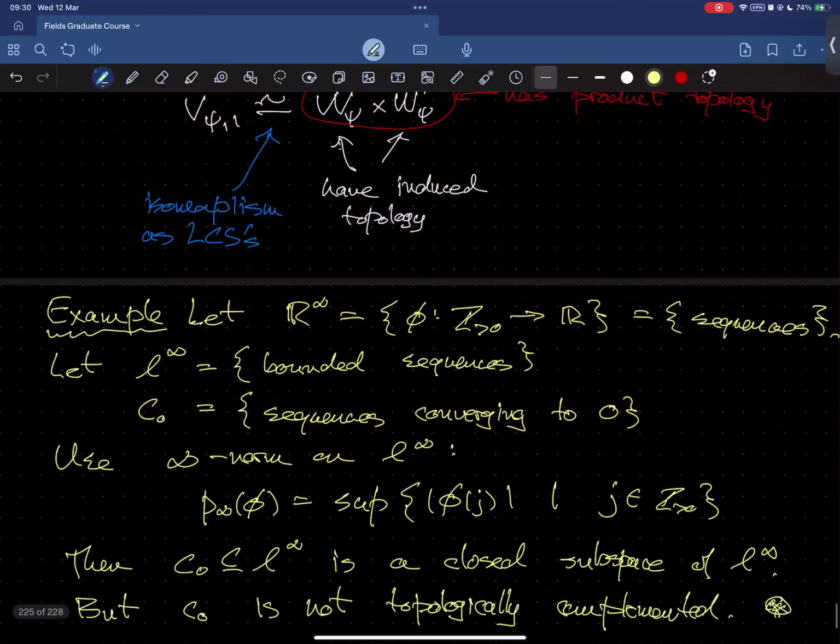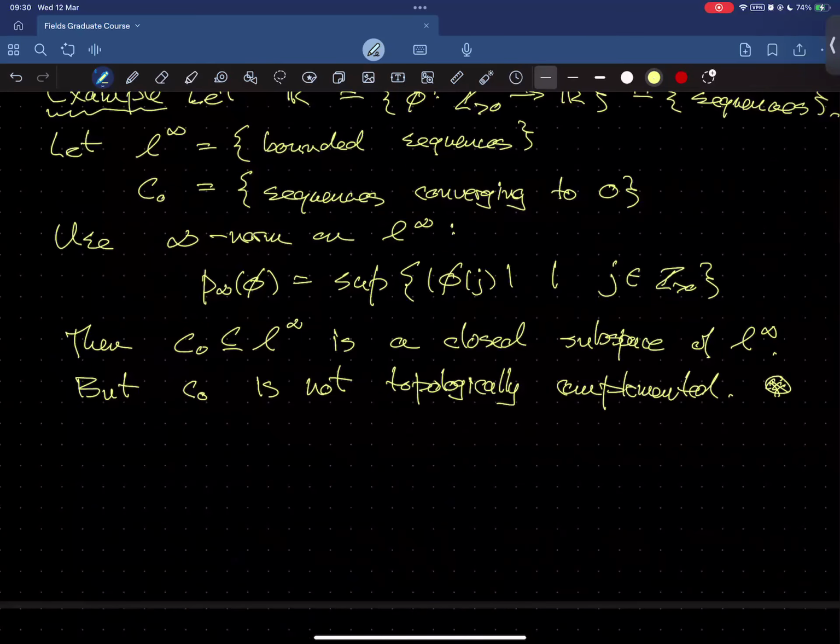I'm going to keep writing in yellow to indicate that this isn't something we're going to talk about in detail.